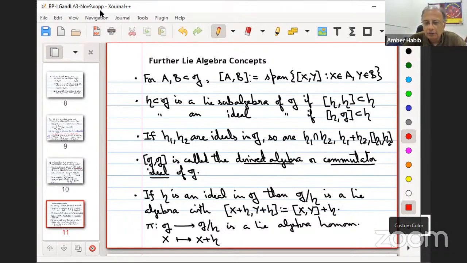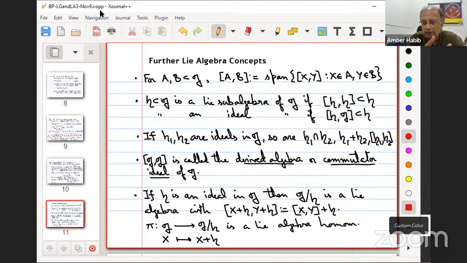Now, if H1, H2 are two ideals, then we find that H1 intersection H2, H1 plus H2, and H1 bracket with H2 are all ideals as well. So ideals combined with each other in any sort of way, you again get ideals.